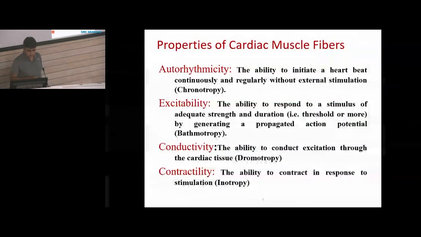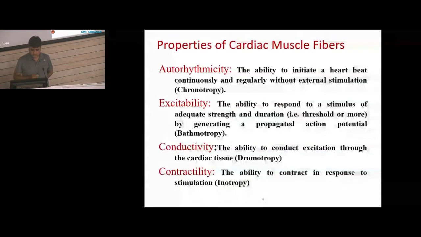Today we will be discussing particularly this conductivity part, which is the ability to conduct excitation through the cardiac tissue, also called the property of dromotropy, right?